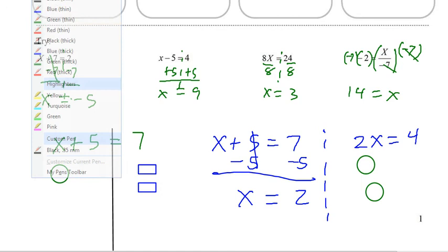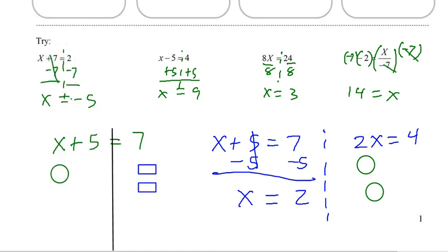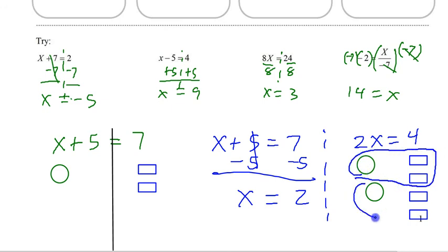And then on the other side, we have 4 rectangles: 1, 2, 3, 4. Well, the whole point is to find out how much one little circle weighs. If you pair them up right here, you can see that 1 circle is the same as 2. What that's actually doing is dividing it into 2 groups.